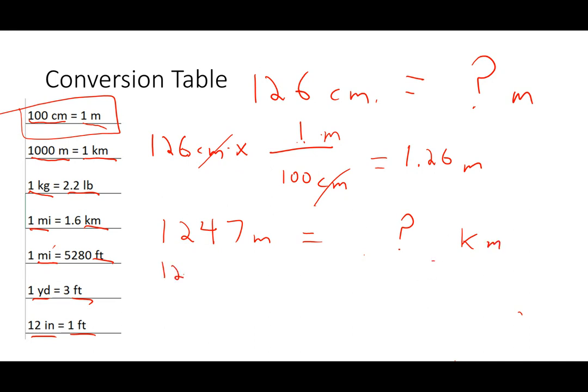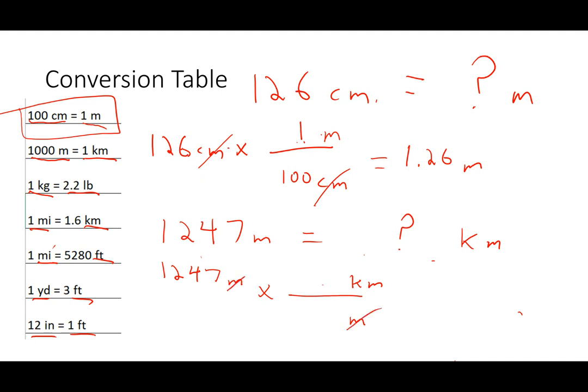So I'm going to start with 1,247 meters. And I'm going to multiply it. And I know meters is going to go on the bottom and kilometers is going to go on the top, so that I can cancel out meters.